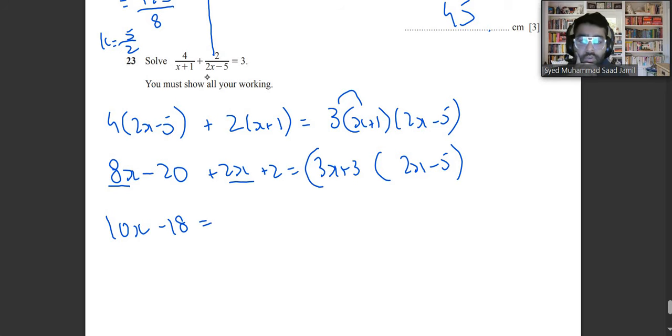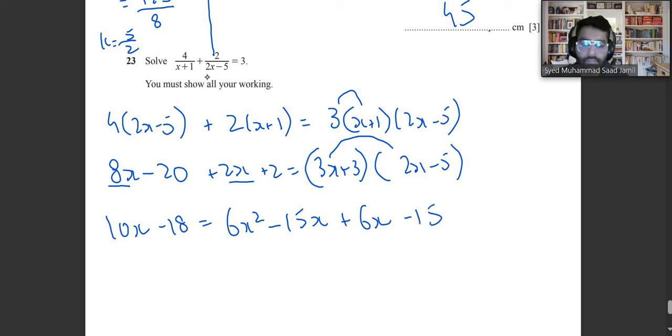Okay, so this whole thing is in a bracket. Don't forget to add the bracket, otherwise you might make a mistake. So 3x multiplied by 2x is 6x squared, minus 3x multiplied by 5 is minus 15x, plus 3 twos is 6x, 3 multiplied by minus 5 is minus 15.